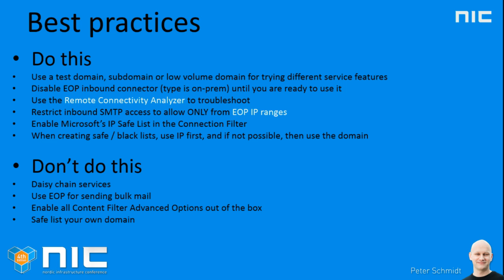It's easy to add the other domains later on if you want to go fully live with the system. Besides that, if you run into any issues with the EUP implementation and the communication with your on-prem environment, the Exchange Remote Connectivity Analyzer can help you a long way on this.